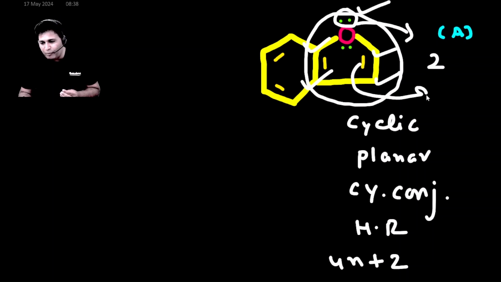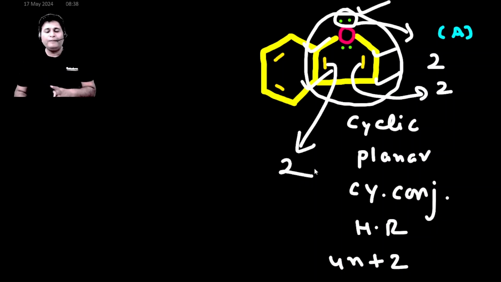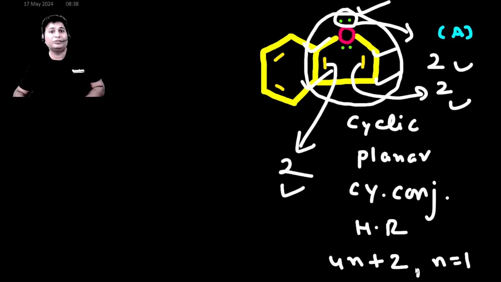From this pi bond, again 2 electrons, and from this other pi bond, 2 electrons. So if you count all, 2 plus 2 is 4, plus 2 is 6. For n equal to 1, the 4n plus 2 rule gives you the figure of 6. So you have found one aromatic cycle in the given compound.